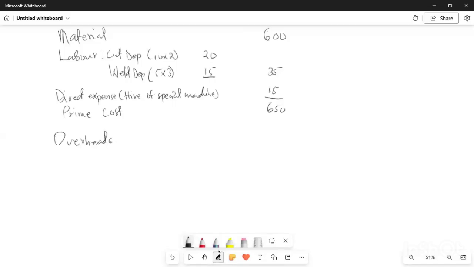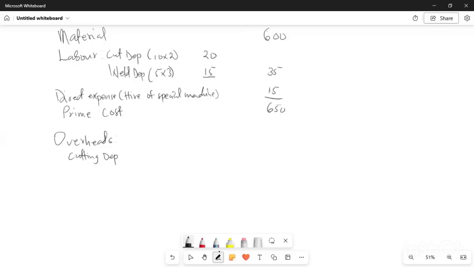Each department has overheads. So we multiply the overhead absorption rate by the basis. Let's talk about the overheads here. So now you find the overhead absorption rate.